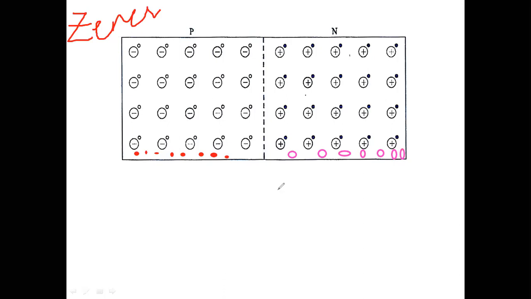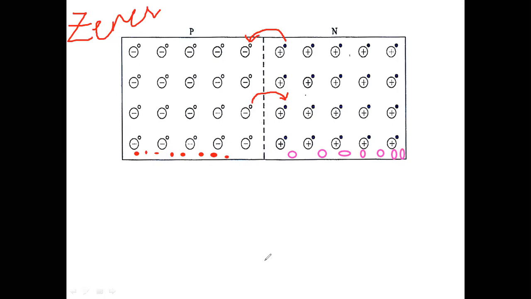So this electron moves this side, and this hole moves towards this side. Recombination occurs here in the PN junction diode.